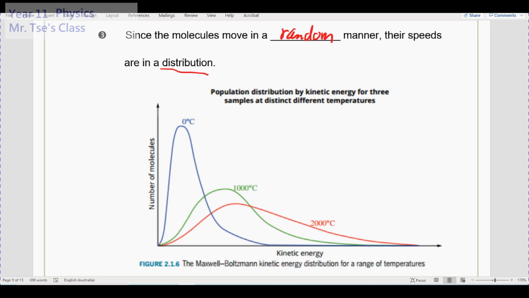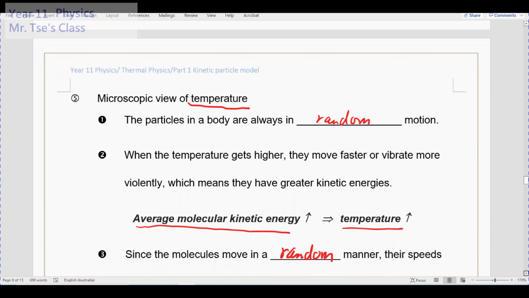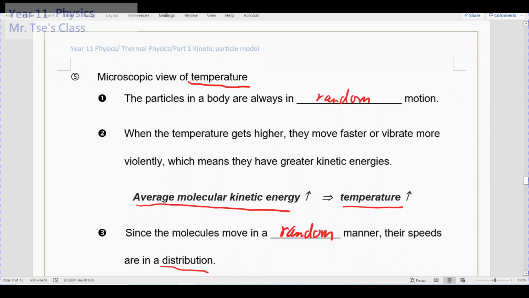At 0 degrees, the peak is around here. So at 0 degrees, you see the peak is around a much lower kinetic energy, and when the temperature gets higher, there's a peak and the kinetic energy becomes greater again. So when we say temperature could measure the molecular KE, that is not a very precise description.